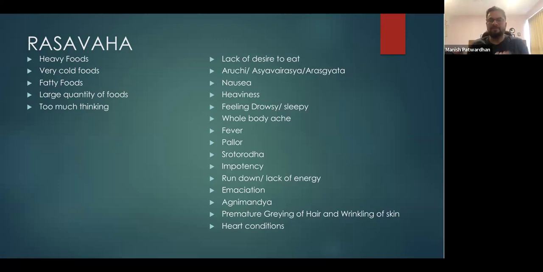It is the first Srotas in the line. After the food, the nutrient fluid is immediately going to the Rasava Srotas. So the Rasava Srotas can get affected very easily. And if the Rasava Srotas gets affected, it affects the site of it, which is the heart. If the heart is affected, it affects the mind. So there is no direct reason for the mind to get affected, but it is the Rasava Srotas which causes this chain reaction.